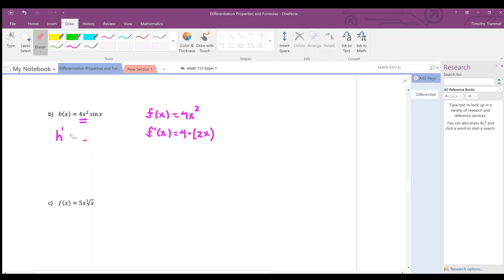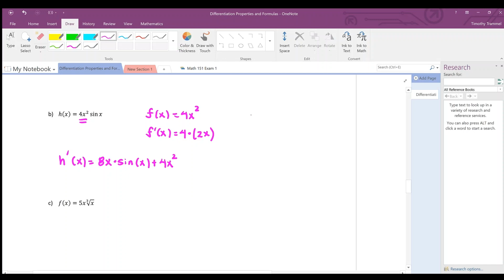All right, and I'm going to give myself actually just a smidge more room this way, so h prime of x. So the first thing I should have is my derivative of f, which looks like is 8x. Okay. Then times the second function, which is sine of x, plus the first function, which was 4x squared.